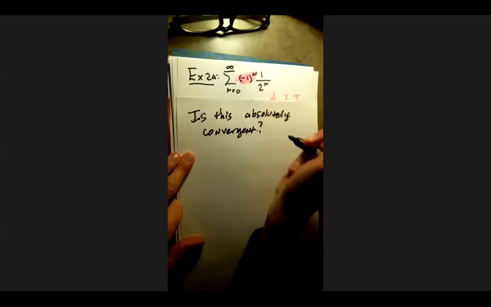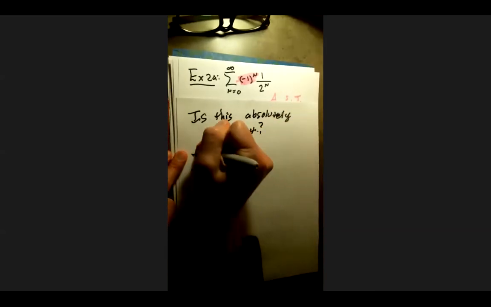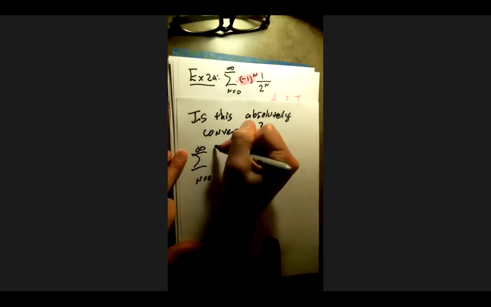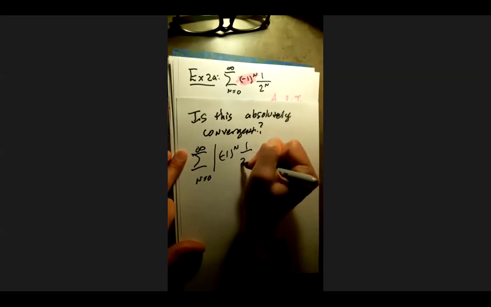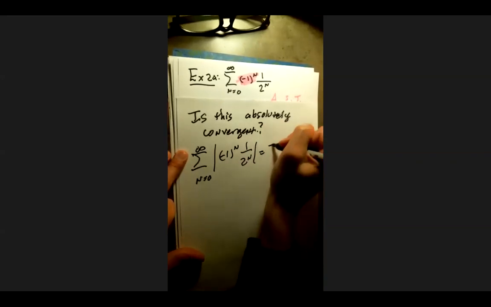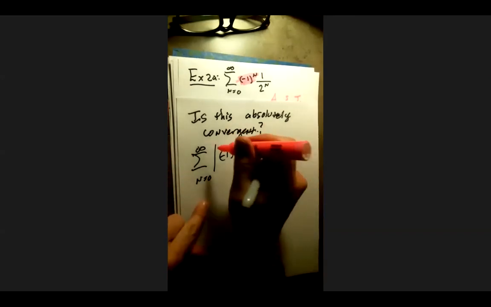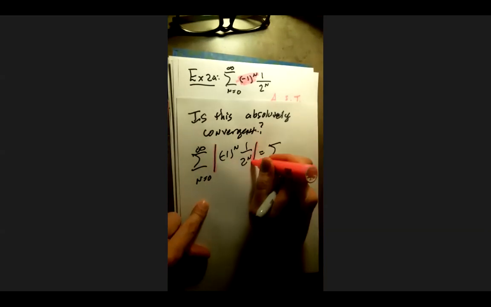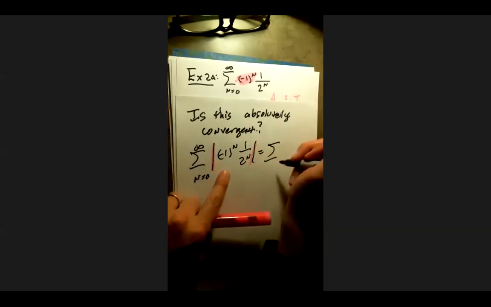Okay. And so we've got to look at the series from n equals 0 to infinity of the absolute value of (-1)^n times 1 over 2^n, which simplifies, when you take that absolute value, because the absolute value is going to undo the (-1)^n part.